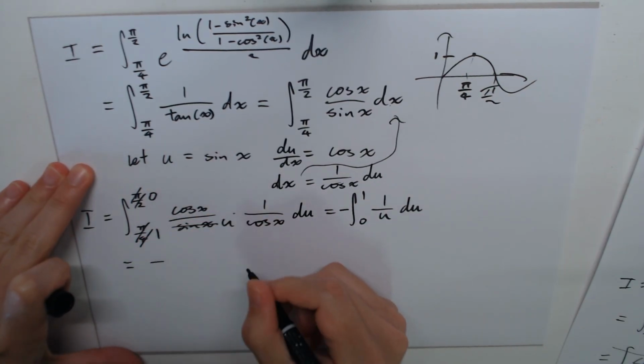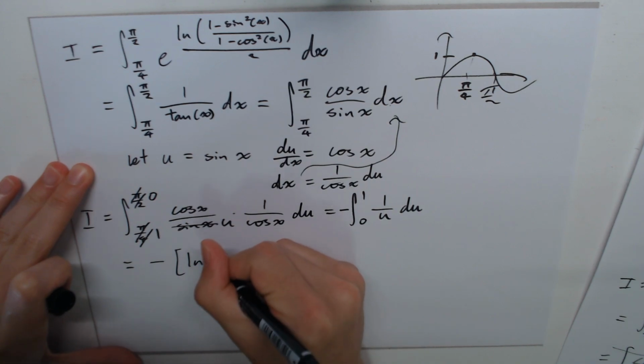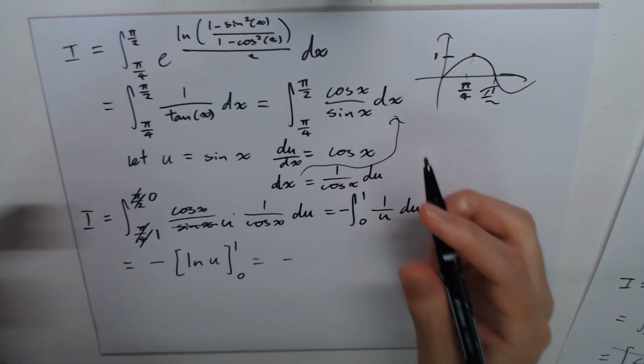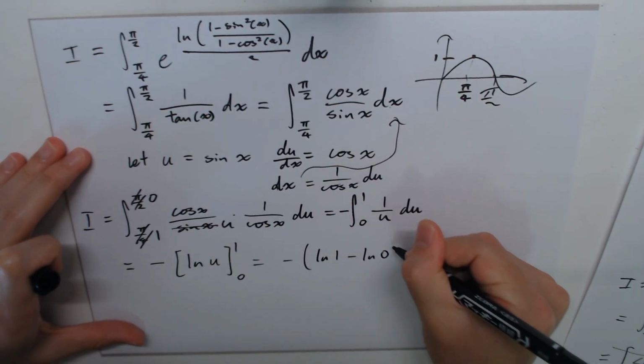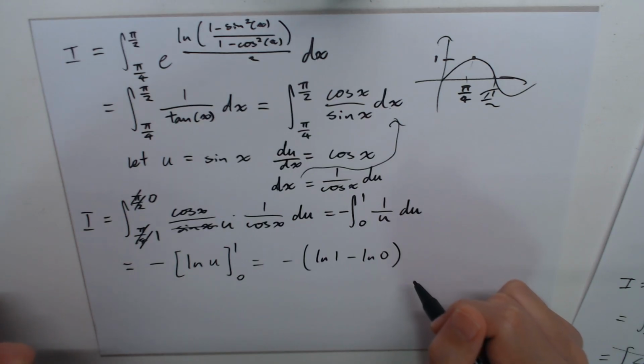So negative of ln u from 1 to 0. So we would say negative ln 1 minus ln 0. Can we take the natural log of 0? Is that a thing? No, we can't. Darn.